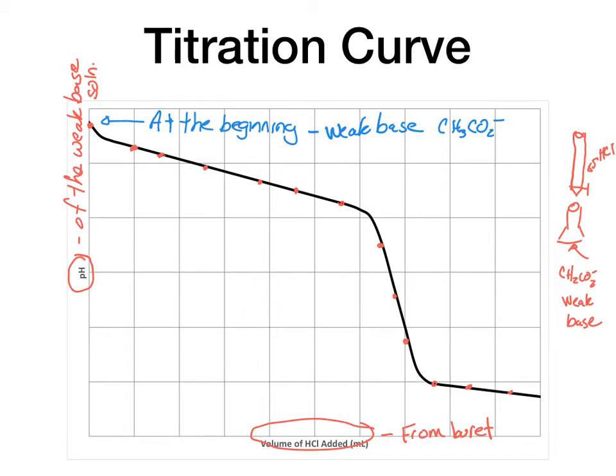And then once we start adding HCl, we enter into what is known as the buffer region. In this region, the pH is controlled by both the weak base, the acetate, and the acetic acid within the buffer region.